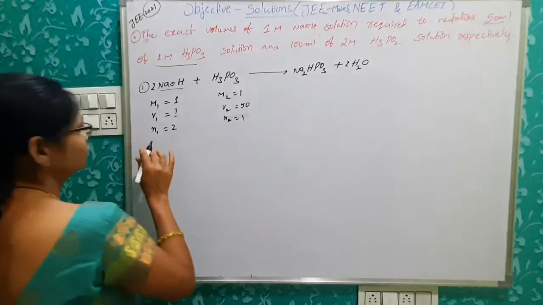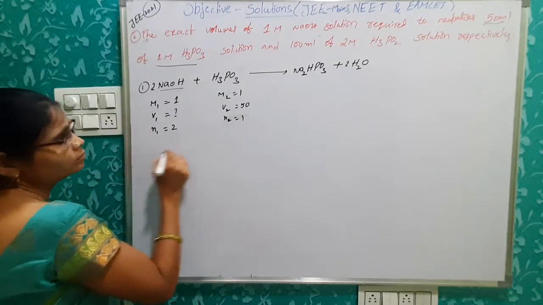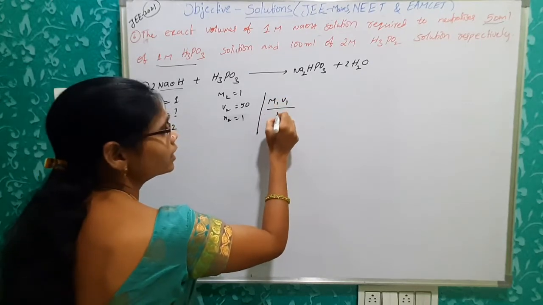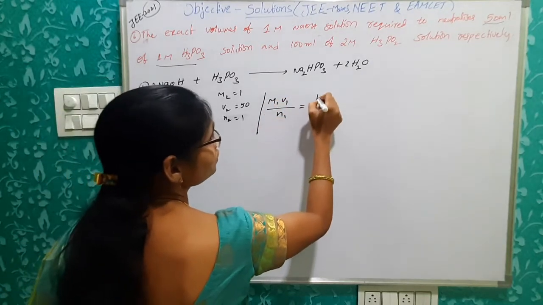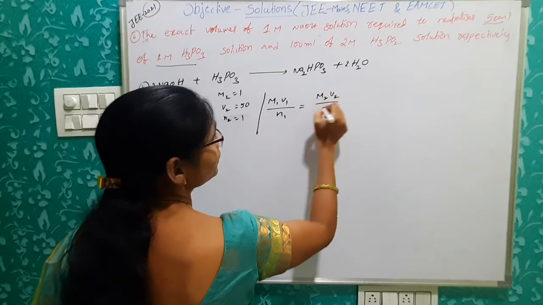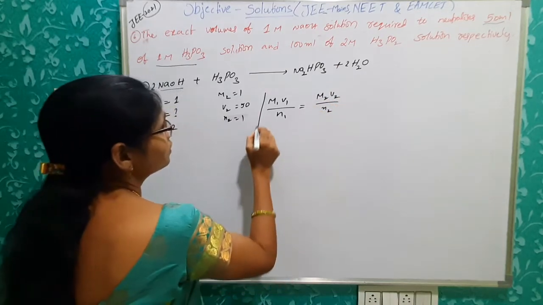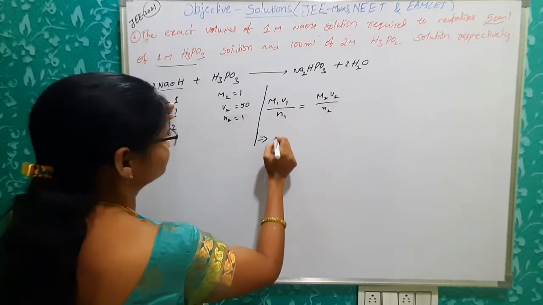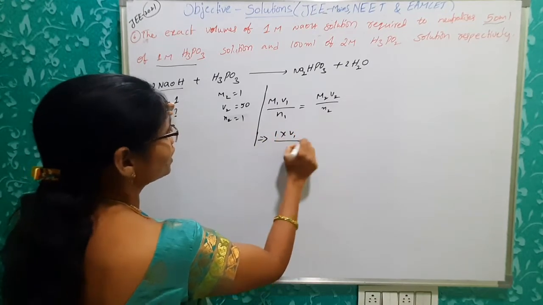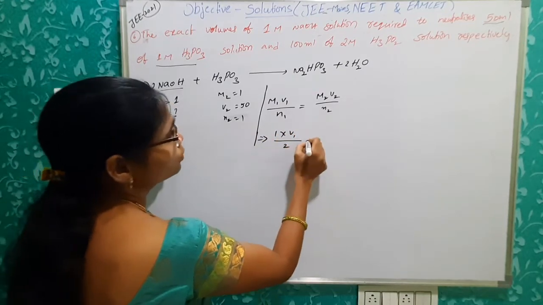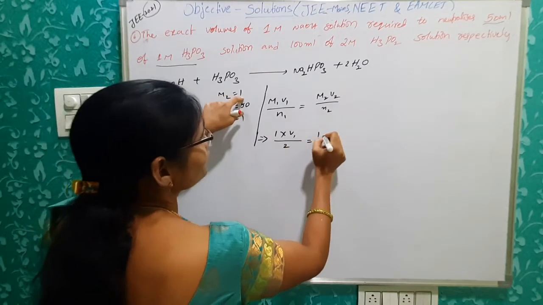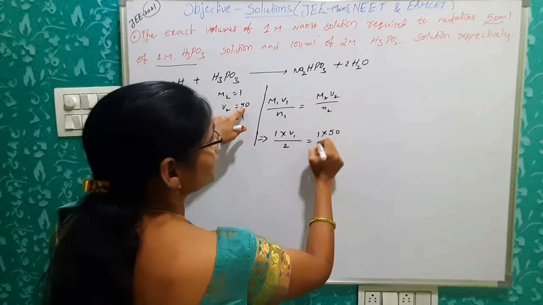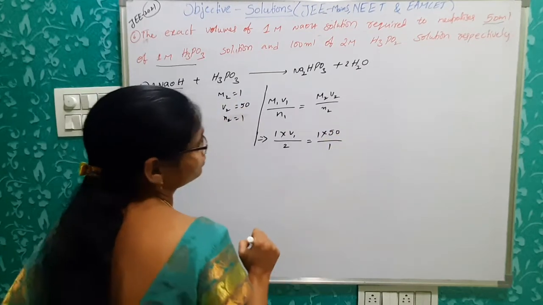Okay. Now see, write down. So find out M1 V1 by N1 is equals to M2 V2 by N2. That implies M1 1, V1 we have to calculate, N1 2, M2 also 1, V2 50, N2 1.